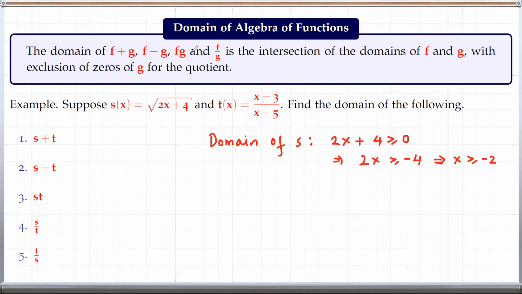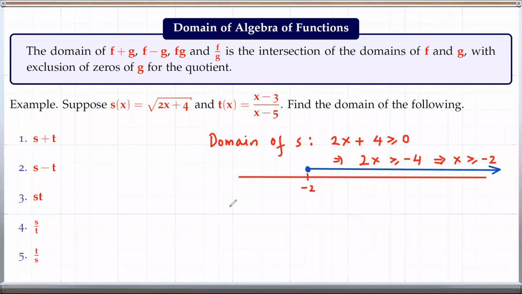I can quickly put it on a number line. If -2 is here, so we include -2, and we look at all the real numbers to the right of -2. So this is the domain for s. Now let's find the domain of t.